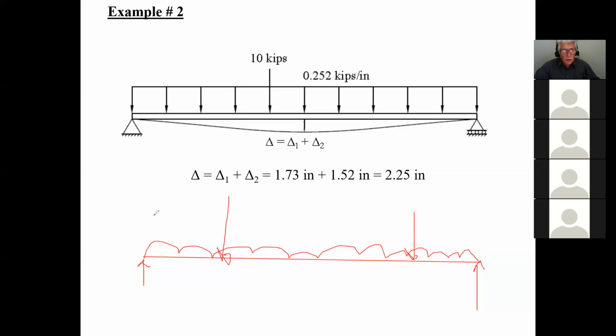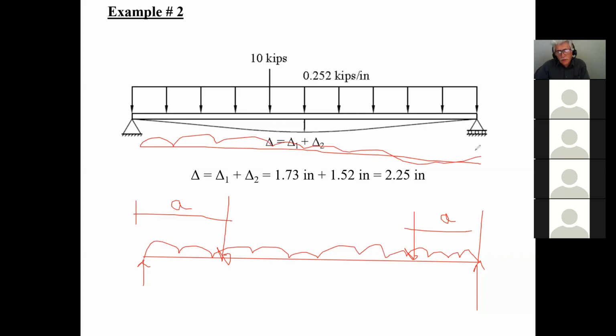These concentrated loads are evenly spaced from the ends. You follow what I'm saying? If this is my situation, then what I can do is go look for a beam diagram that has the uniformly distributed load, which is what we've seen so far, and take all the values from there. Then I go look for another beam diagram where I have two concentrated loads that are equally spaced from the reaction areas.